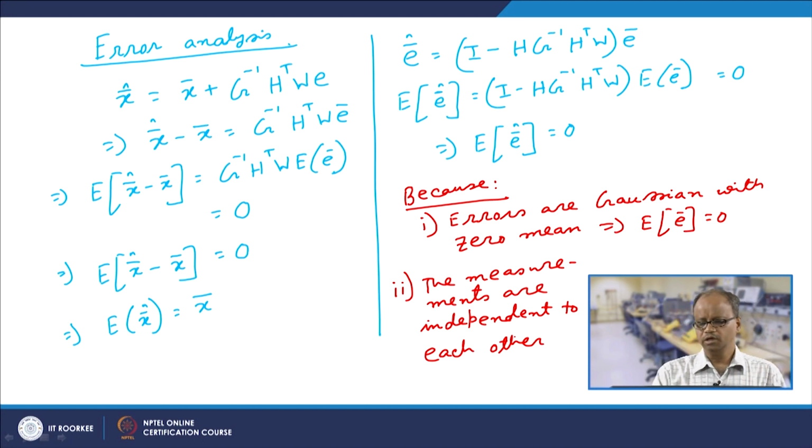Now, before we look into this issue in more detail, we need to recollect one very small thing. We also know that this estimated value of error is actually given by z minus z hat. So this is the actual true measurement and this is the estimated measurement.